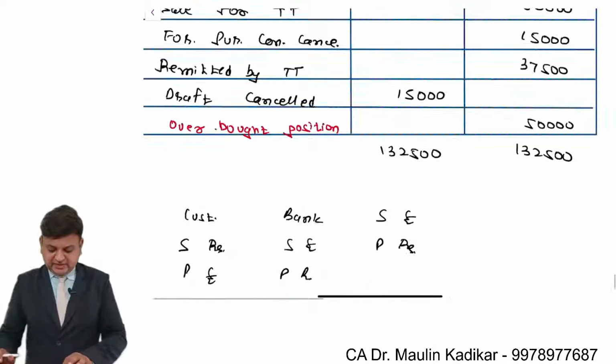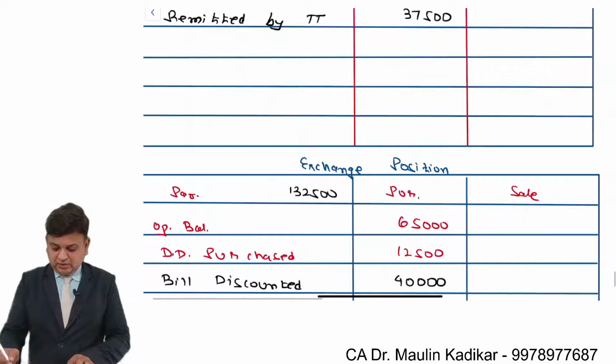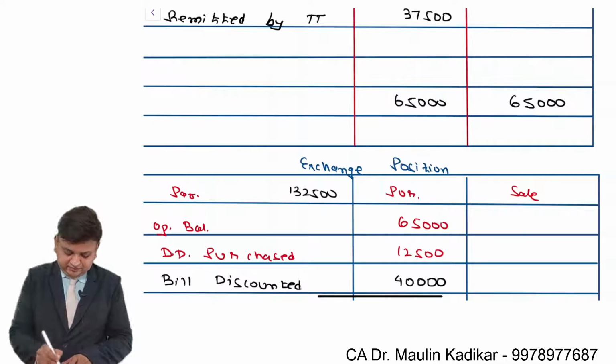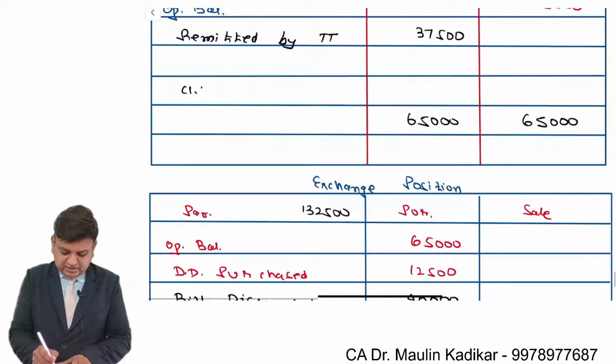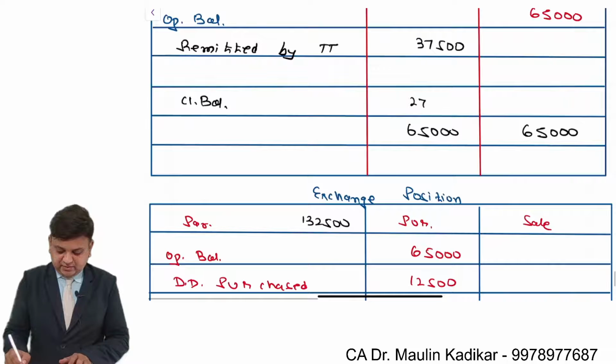So this is the way the transactions are required to be entered upon in order to have the desired balance. So 65,000, closing balance is 27,500.